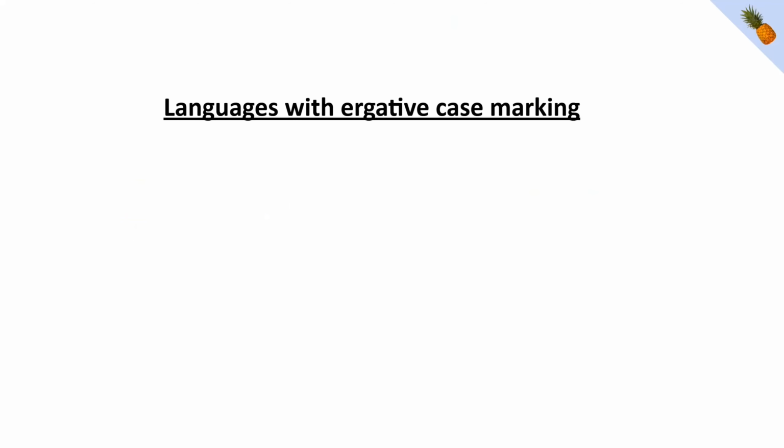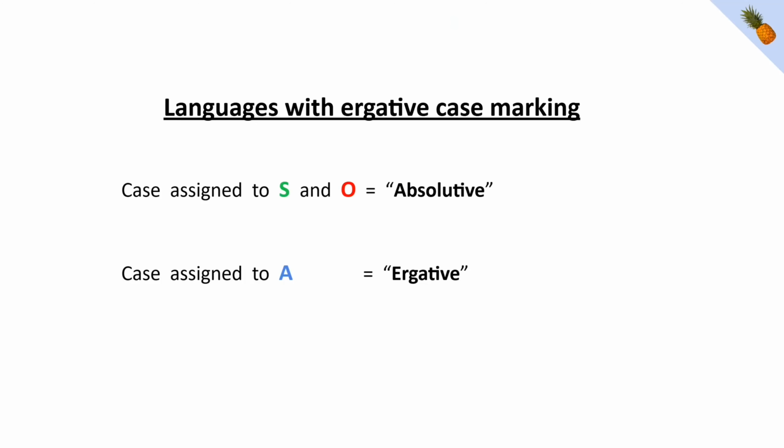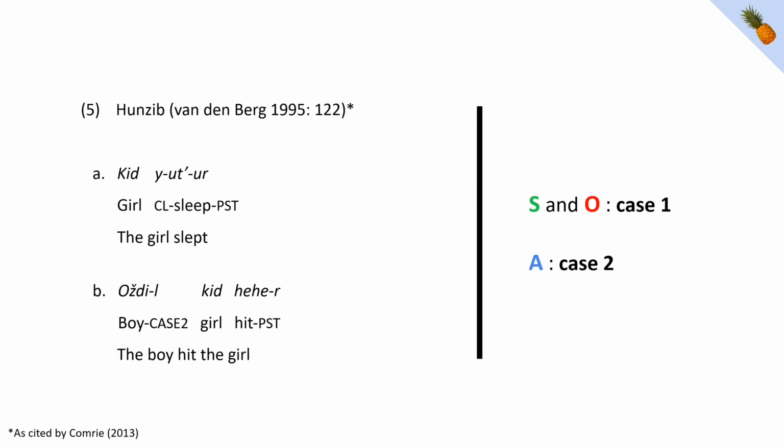Now, in languages that exhibit ergative alignment with respect to case marking, the case assigned to S and O arguments is called absolutive, while that assigned to A arguments is called ergative. So, going back to the Hunzib data in 5, we can rewrite case 1 as absolutive, and case 2 as ergative.